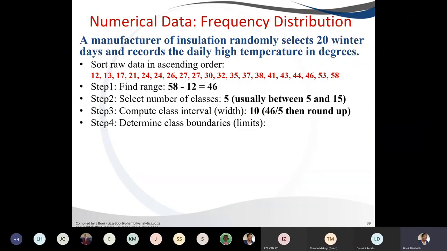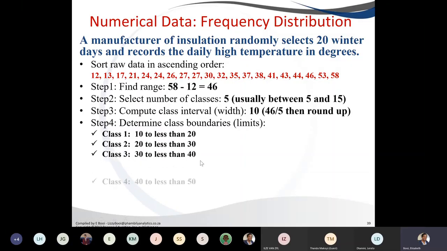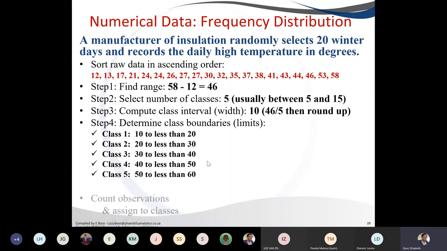So we can say from 10 until 20, because our interval should only contain 10 values. So we start from 10, add the 10, then it's 20, and then the next one starts. So it doesn't include 20, but it has to be less than 20. Then the next one will start at 20, but it does not include 30, and so forth.